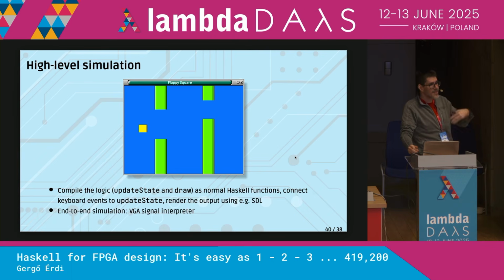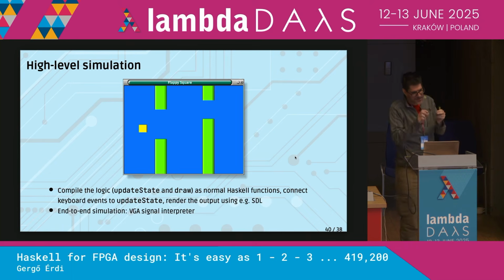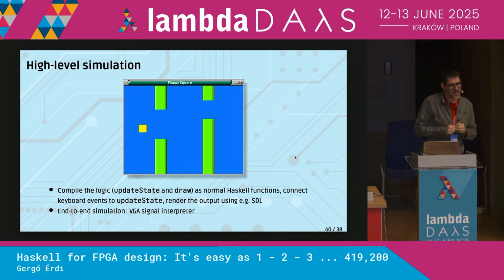So then the same code can be turned into an interactive, not quite real time because it's a bit slower, but half real time, running at like 20 FPS, interactive version of your circuit. So you can play on your computer the same Flappy Square circuit that you have written in Clash. This allows you to test the logic of your game.